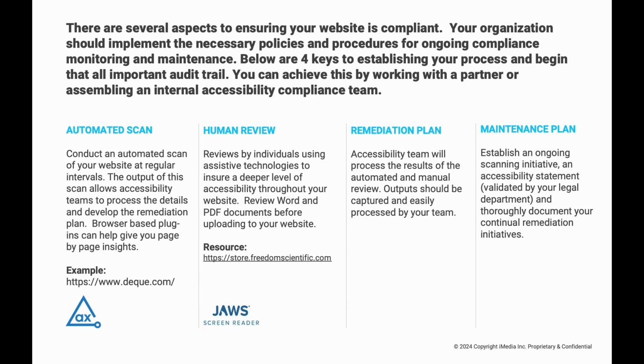That's essentially your ongoing accessibility maintenance plan, and this really helps you build that paper trail for a few reasons, but mostly if you are approached with a demand letter or by some type of legal person who is looking to sue you because they indicate your site is not compliant.